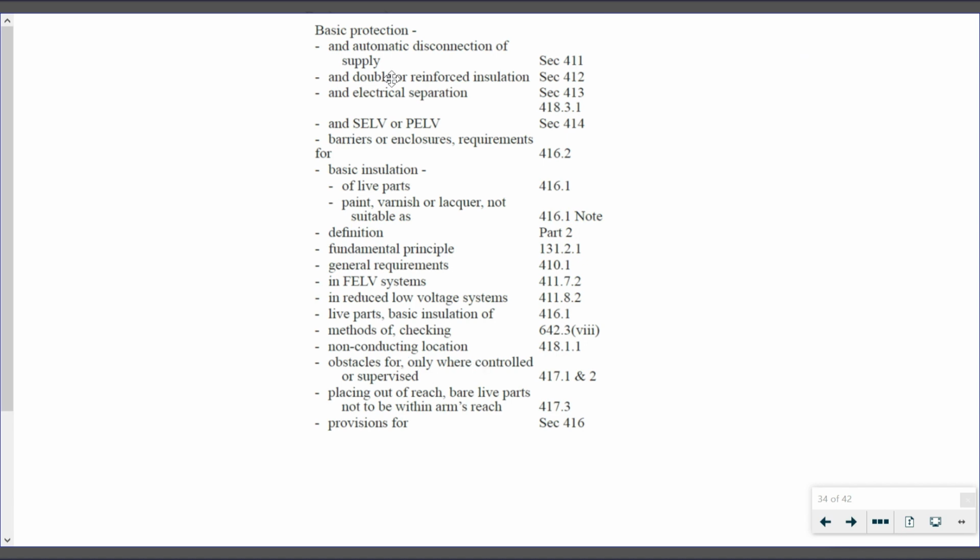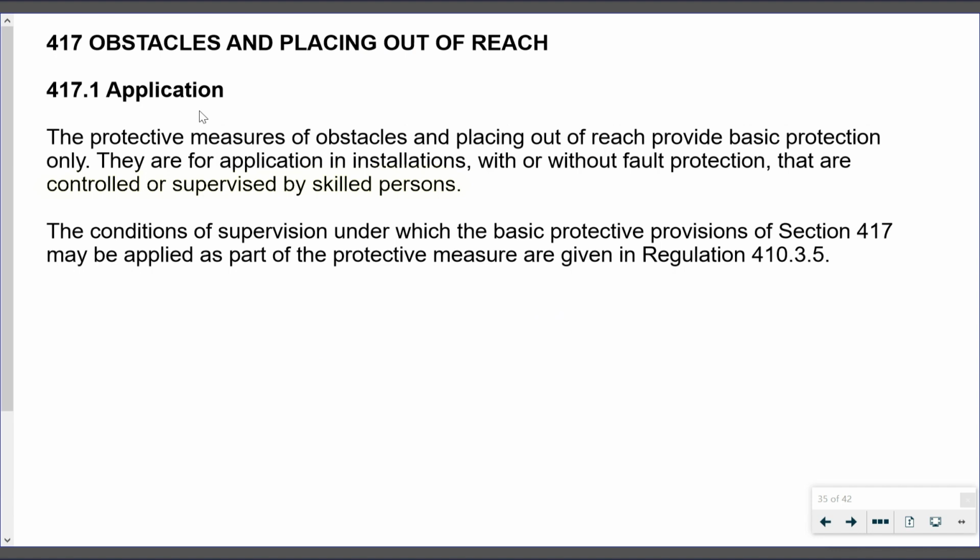So we go to 417.1 and 417.2, and you'll see obstacles in place and out of reach have to be controlled or supervised by skilled persons.